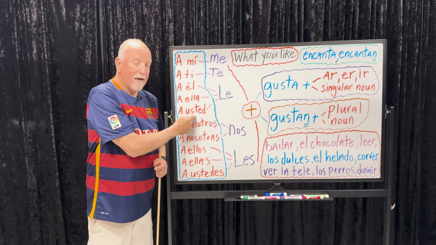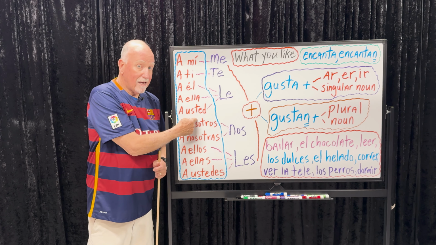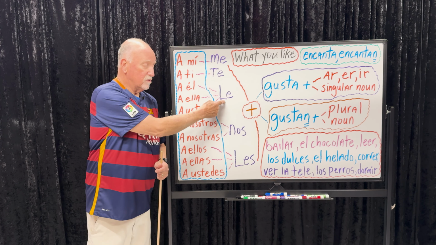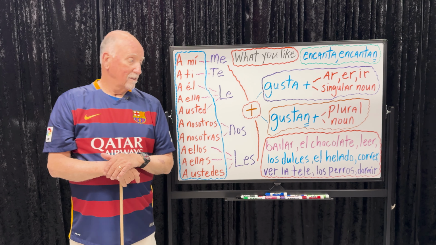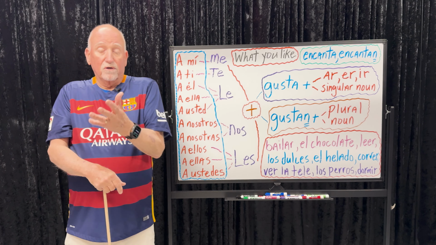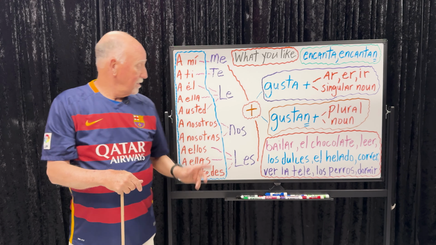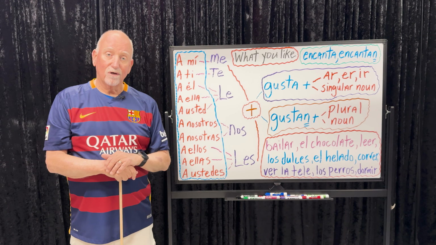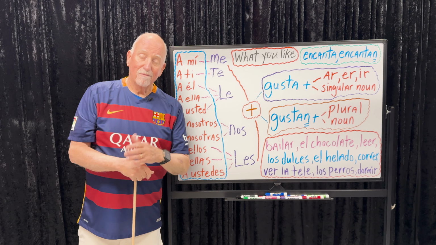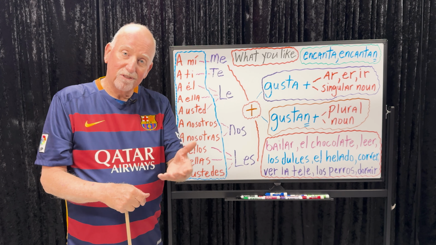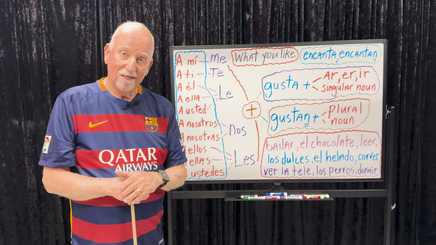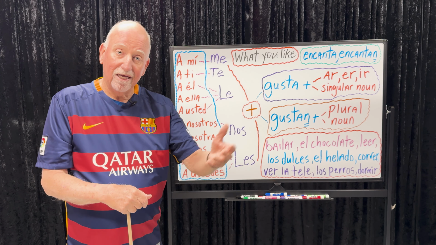You got to go usted. Okay, so we're going to use le. I'm talking to a man. Sir, do you like chocolate? Señor. You get his attention. Señor. Sir, do you? ¿A usted le gusta el chocolate? Ma'am, do you like chocolate? ¿A señora le gusta el chocolate? Señora, ¿le gusta el chocolate?